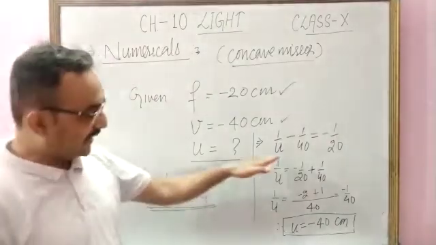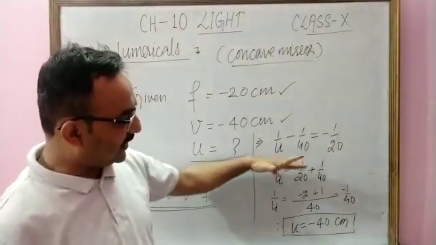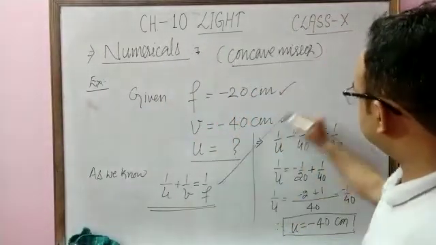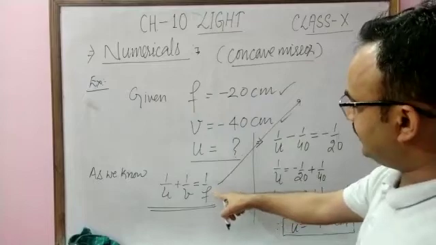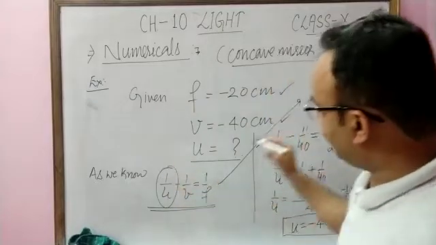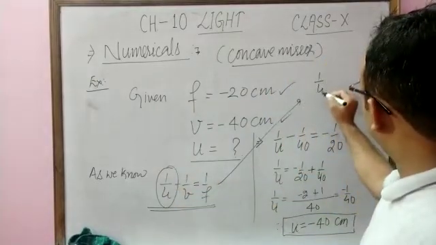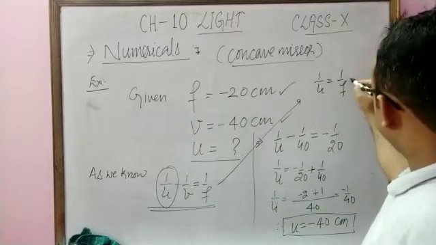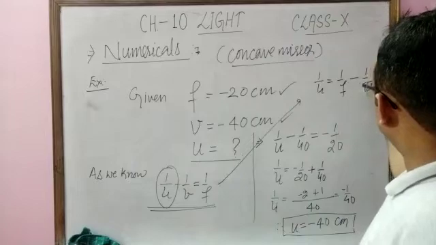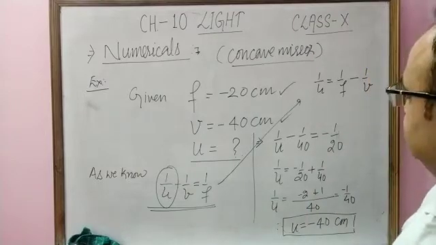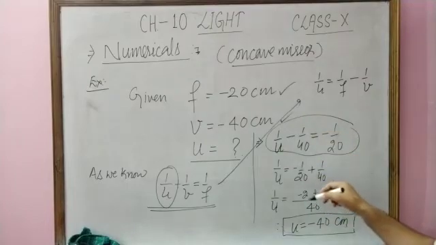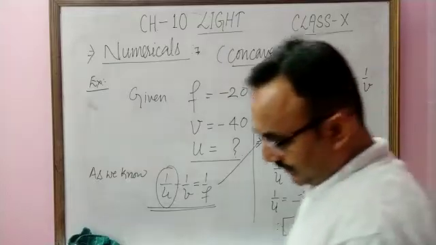Then, assemble the formula. Suppose the assembling is like this: directly you may write, as you have to find 1 upon U, 1 upon U is equal to 1 upon F minus 1 upon V. Otherwise, we have done it after putting in the values. After assembling the terms, solve it carefully.